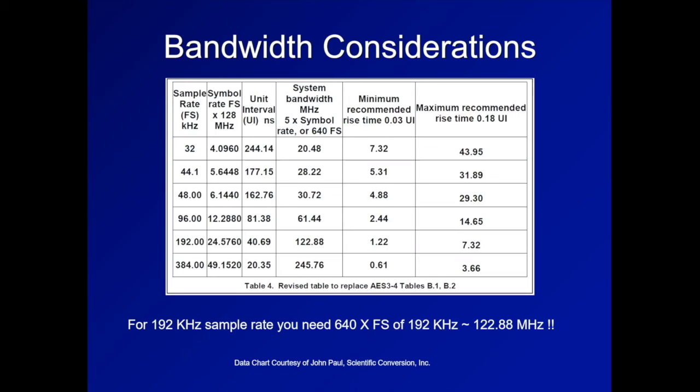Yeah, that's megahertz. And then if you go down to 384, it's ridiculous. It's 245 megahertz. Well, let's look at 192 because that's the one that we're interested in here tonight. 122.88 megahertz. You might say to yourself, well, why the heck do you need VHF bandwidth to pass an audio signal? Well, because this audio signal is RF.